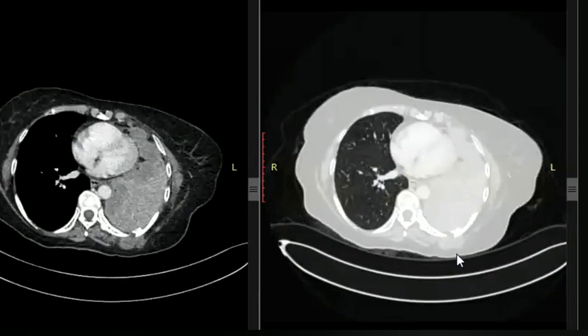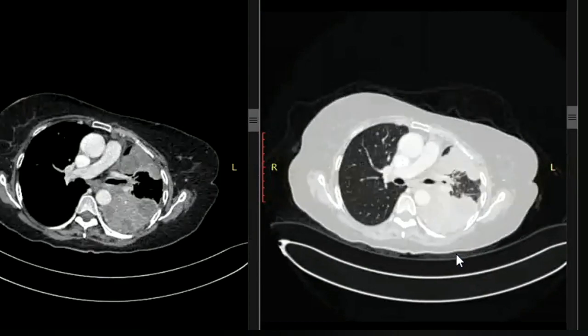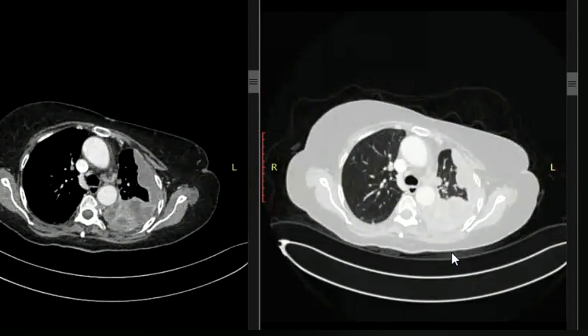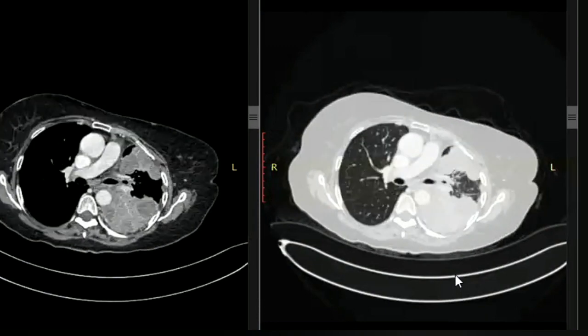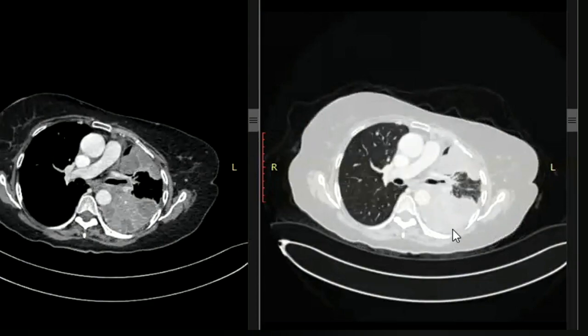Okay, I am describing this. These are the axial sections of CT scan chest with contrast, mediastinal and lung window.